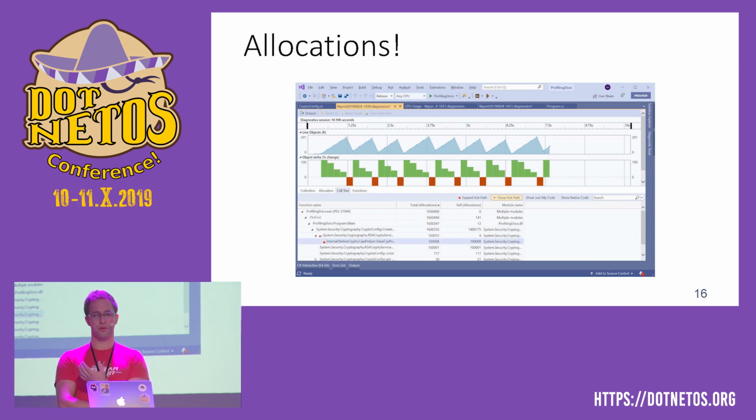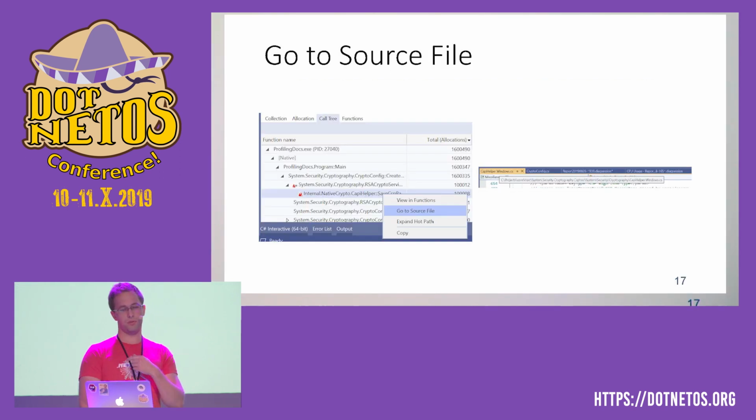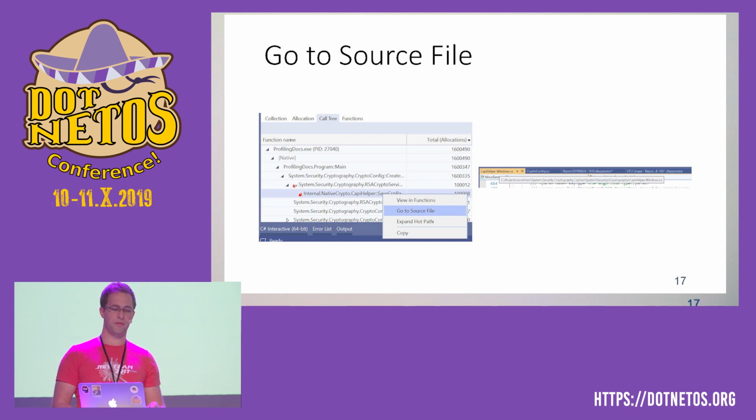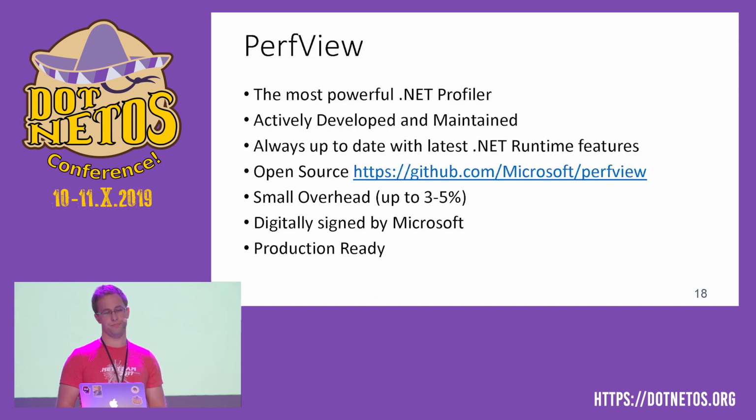I'm going to demo 4 other profilers, so I will just show you the screens. Basically, you get the information of which types were allocated in which method, and Visual Studio Profiler supports both native memory allocations and managed memory allocations. And you can also go from the profiler to the source file.